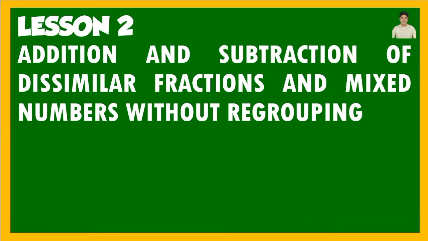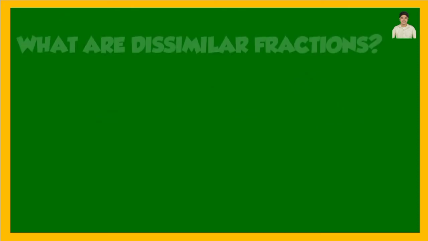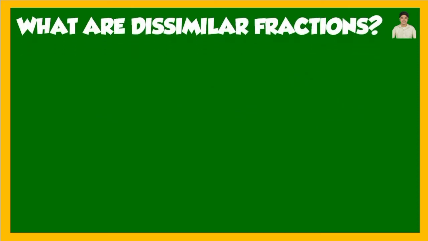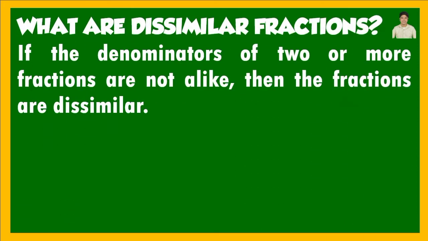Addition and subtraction of dissimilar fractions and mixed numbers without regrouping. Okay, so yung lesson 1 po natin is about addition and subtraction of similar fractions. Ngayon naman, dissimilar fractions. If the denominators of two or more fractions are not alike, then the fractions are dissimilar.